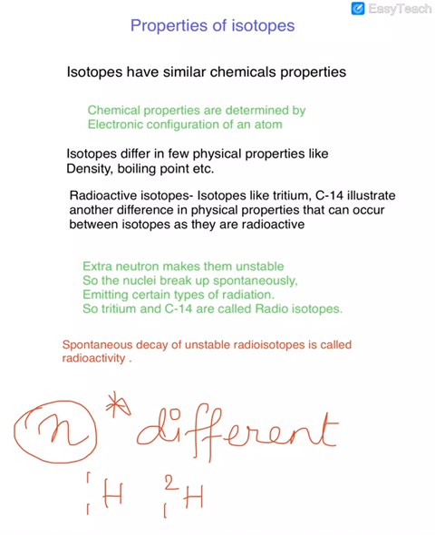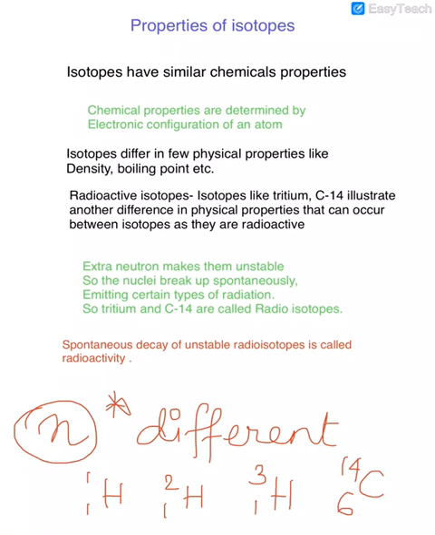Then isotopes like tritium. Who is tritium? Tritium is H 3,1. So isotopes like tritium and carbon 14. What is carbon 14? It is carbon 14,6. These illustrate the difference in physical properties that can occur between the isotopes as they are radioactive.